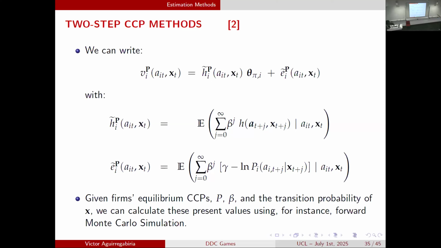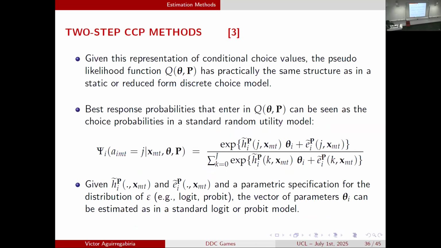Then, using this representation, we have transformed our dynamic game problem into a single agent dynamic programming problem, where the choice probabilities have this very simple expression. This is data. This is data.